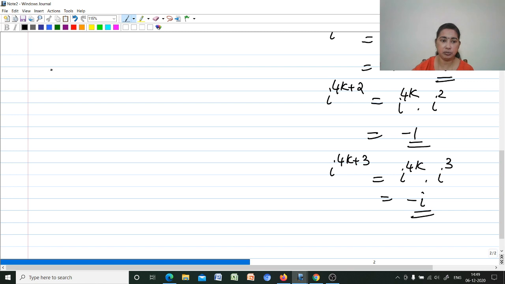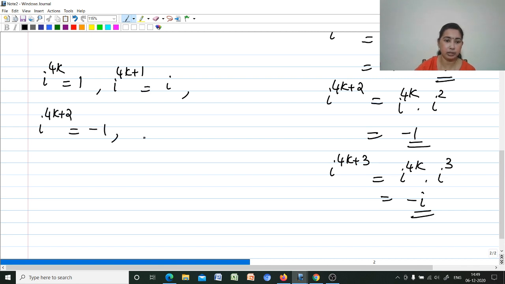So, i raised to 4k is 1, i raised to 4k plus 1 is equal to i, i raised to 4k plus 2 is equal to minus 1, and i raised to 4k plus 3 is equal to minus i. So, these are the powers of i.